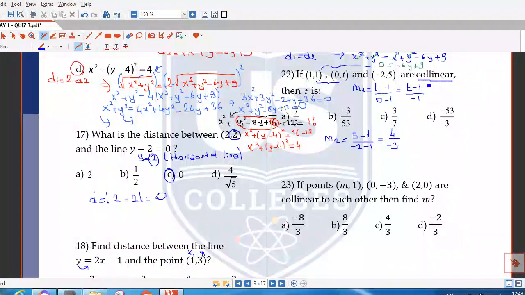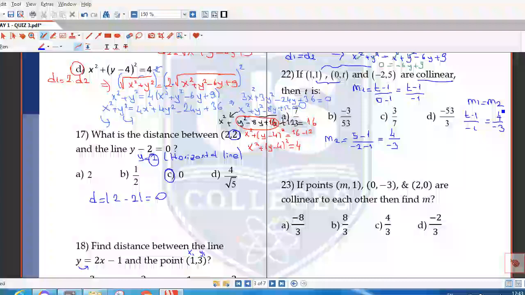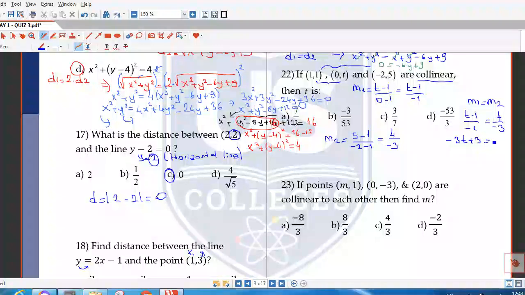Since the points are collinear, their slopes should be same. t minus 1 over minus 1 should be equal to 4 over minus 3. If we do cross product, negative 3t plus 3 is negative 4.